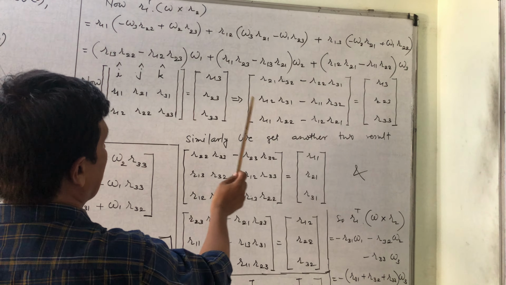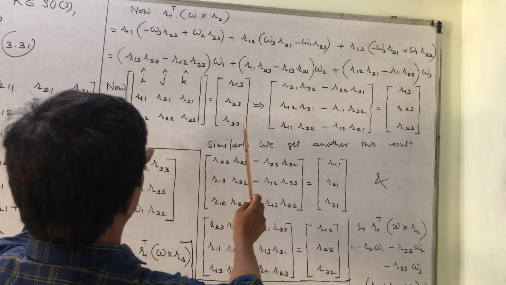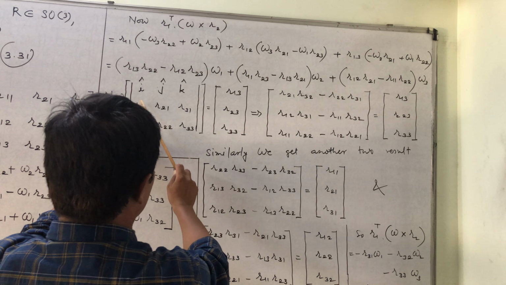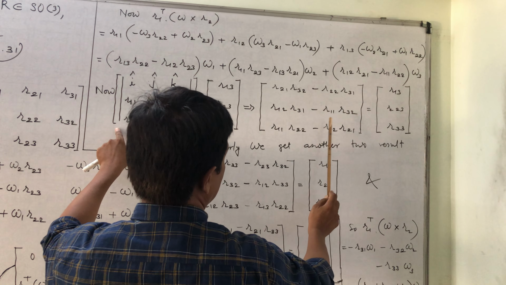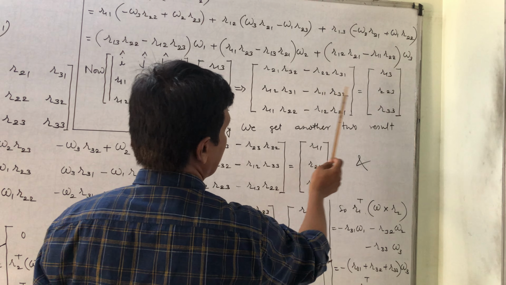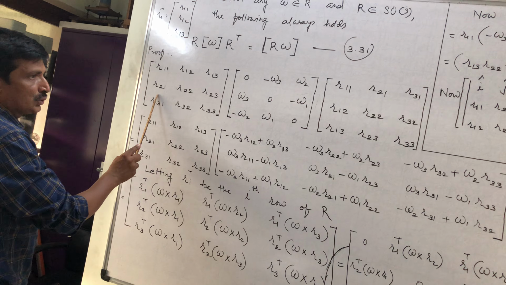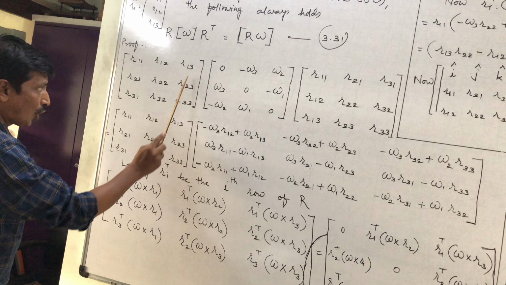If you multiply it, taking the cross product, we get this result. And this equals this. So this equals this one equals this one equals this. Similarly, this cross this equals this one. This one cross this one equals this.